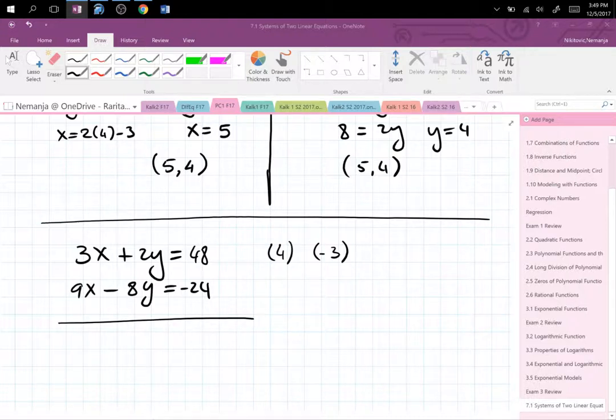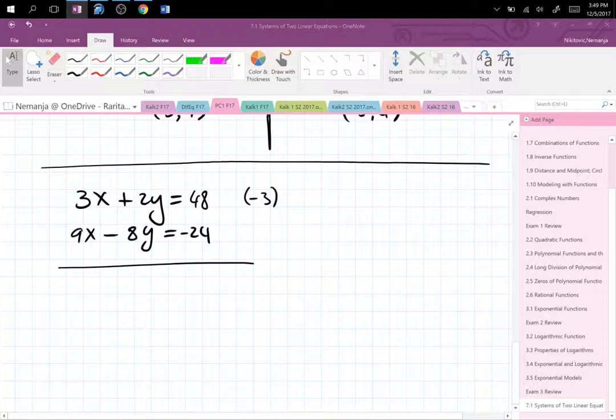Negative 3? You want to see the negative signs? All right. So negative 3. All right, fine. So that's going to be negative 9x, negative 6y is equal to negative 3 times this 24, negative 144.